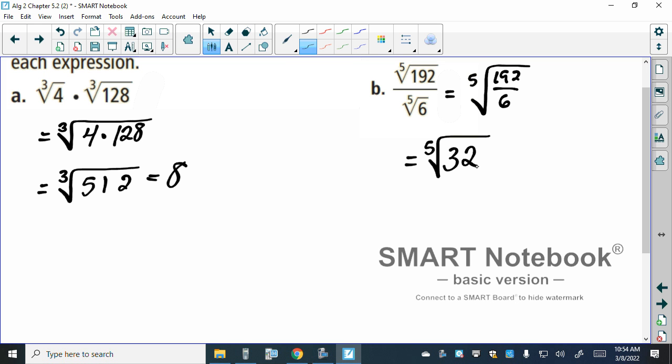And at this point here, we are looking at the fifth root of 32, which is 2. And again, for 512 or 32, we could have used a factor tree to break it down to see what our numbers would be. Any questions on this here?